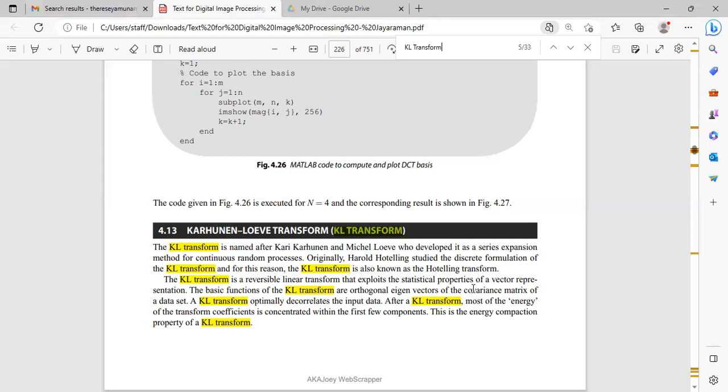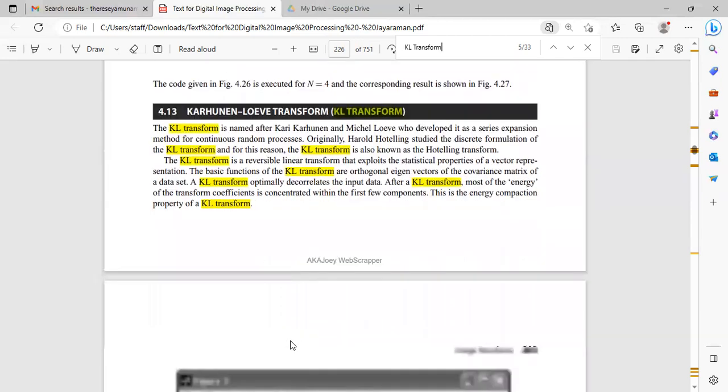From the covariance matrix, you have to find the eigenvectors to form the basis function. And what is the advantage of KL transform? Most of the energy is concentrated within the first few components. And this is the energy compaction property of a KL transform.